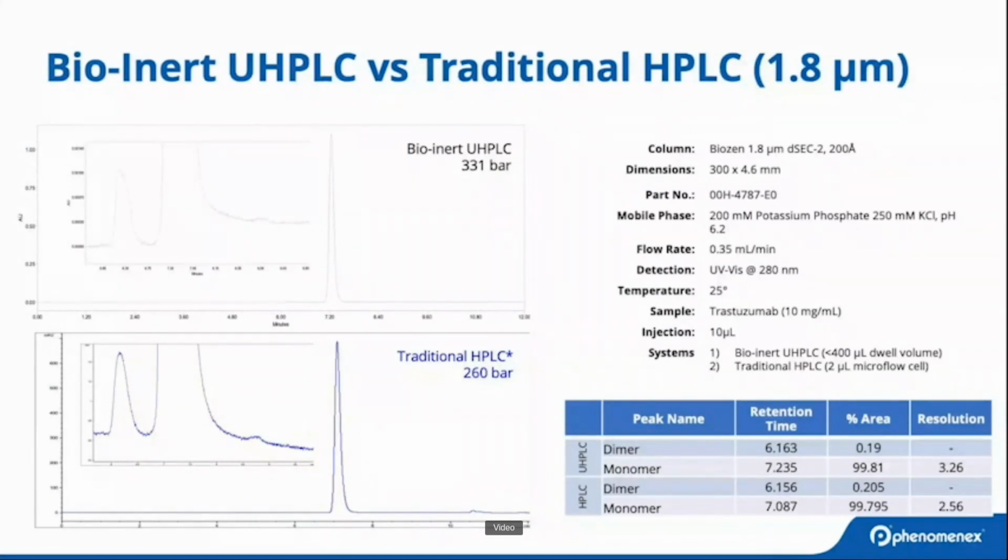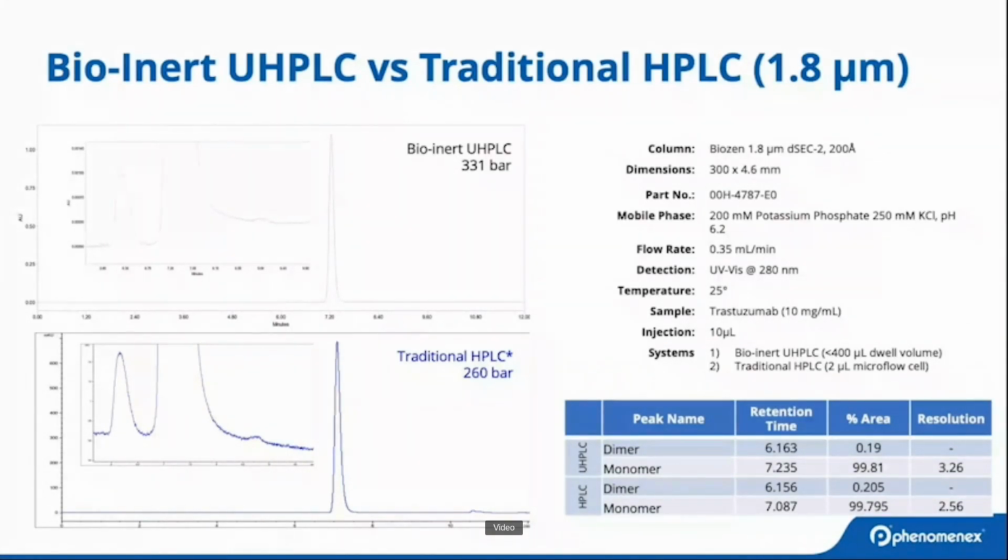So if we take that sub 2 micron 30 centimeter column from the previous example and run it on a non-UHPLC system, here we've got the Waters H-class down to an Agilent 1100. Now the 1100 does have an optimized flow path, so we have the microflow cell and the red peek tubing.